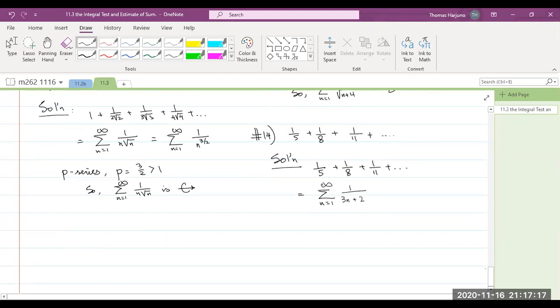Now then, how do you argue that this is convergent or divergent? There are actually many ways to do this. Of course, one of them, if you want, you argue using the integral test. So you say let f(x) equal 1 over 3x plus 2.